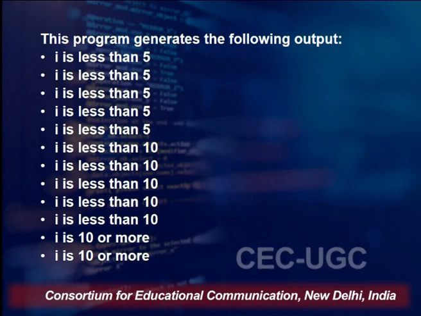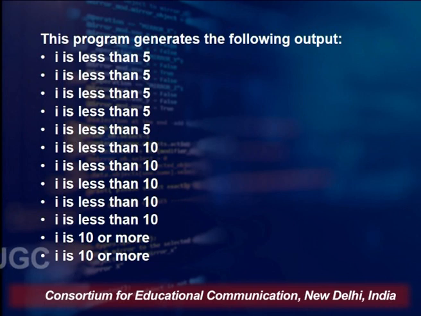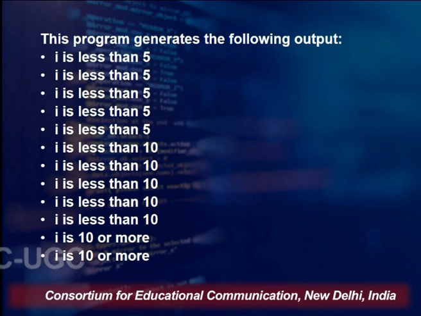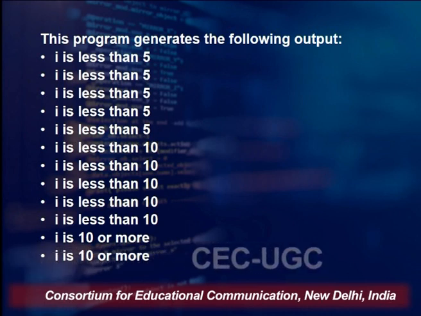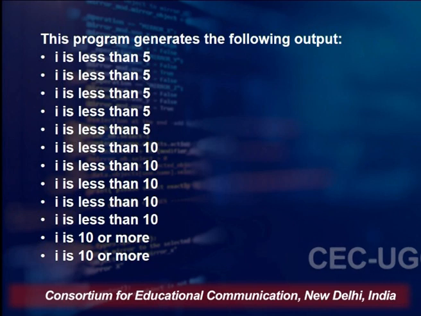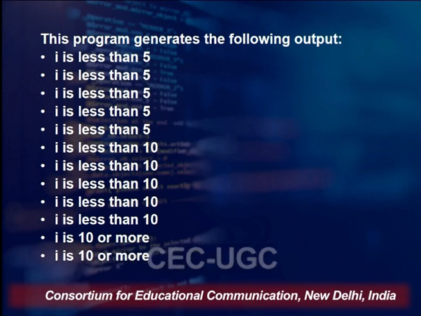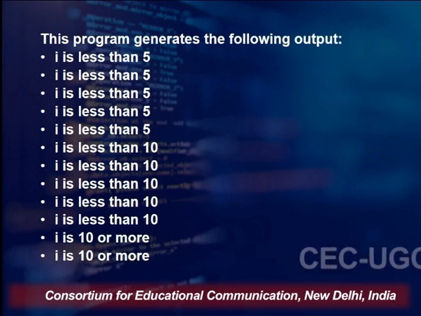So, starting from 0, this iteration is going to be executed 12 times, that is from 0 to 11. So, for the initial 5 times, it is going to say I is less than 5, then I is less than 10 for another 5 times. Then for 10 it will print I is 10 or more, and for 11 also it is going to print I is 10 or more.